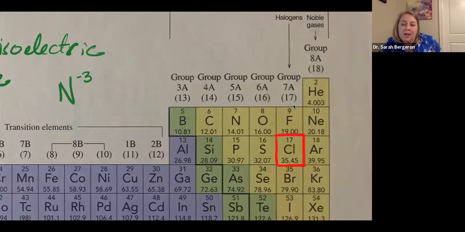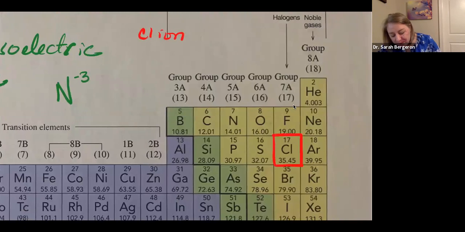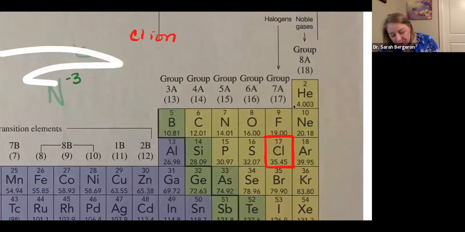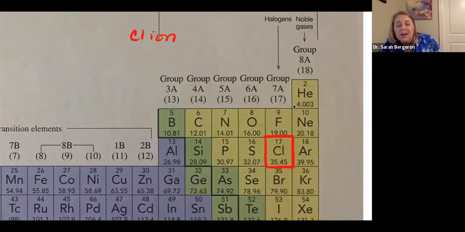Chlorine started out and it had 17 protons and 17 electrons. It is going to gain 1 electron. And so chlorine, the chlorine ion, right? You already saw this. The chlorine ion is now going to look, in terms of electrons, like another element on the periodic table. What element is it going to look like?